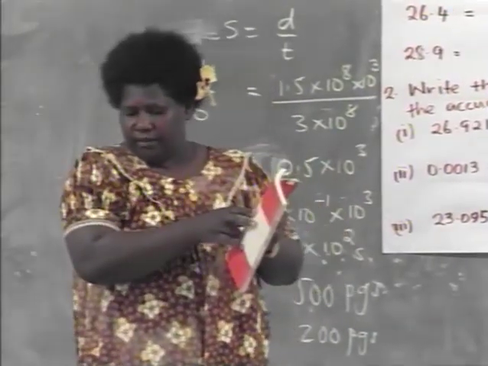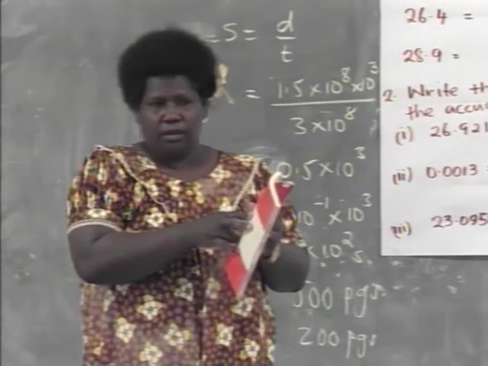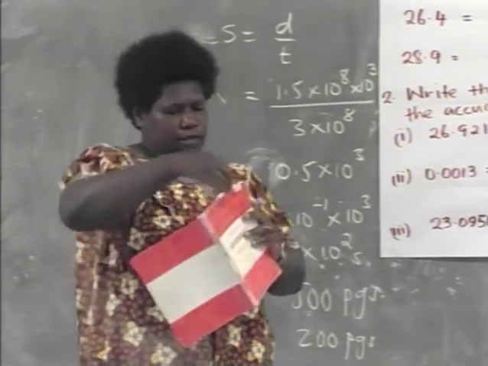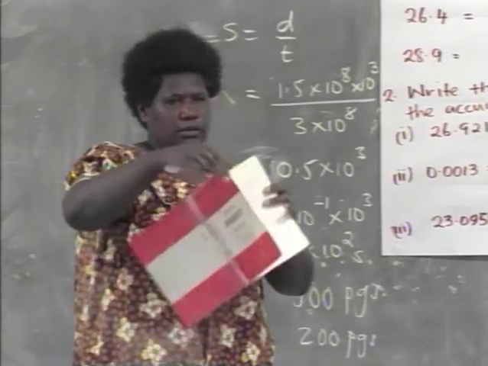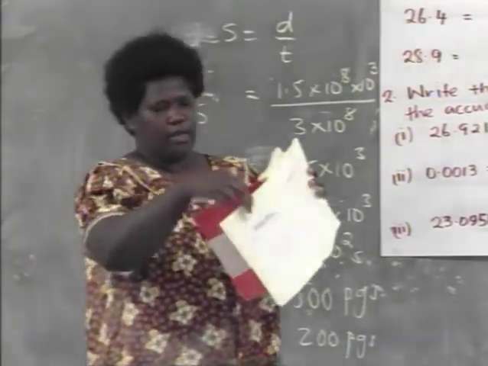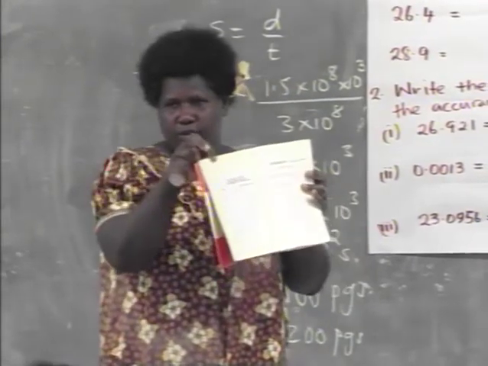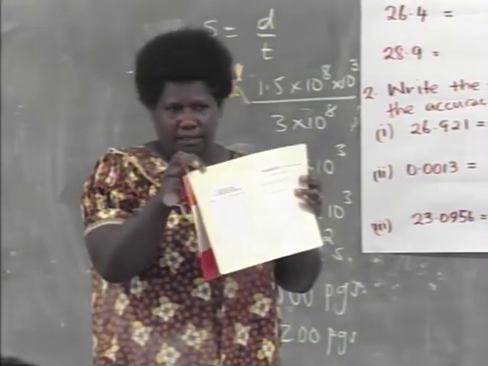The covers of the book are each 0.003. So this one is 0.003, and this one is also 0.003. Together, they are 0.006 meters.